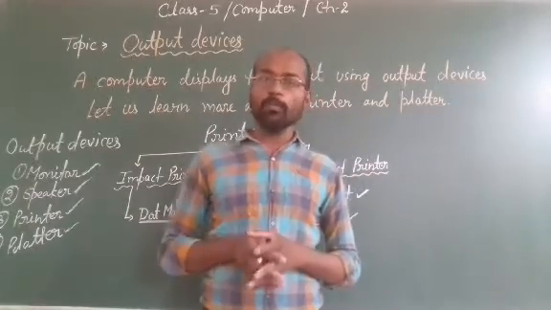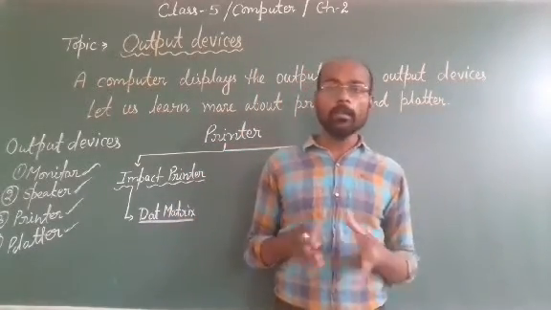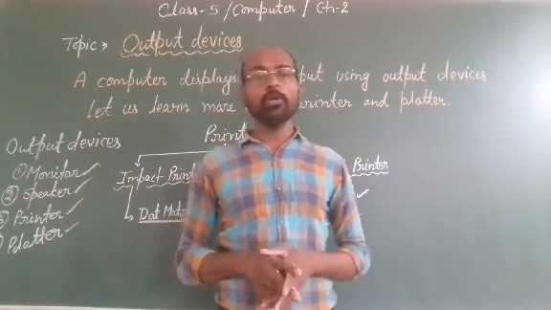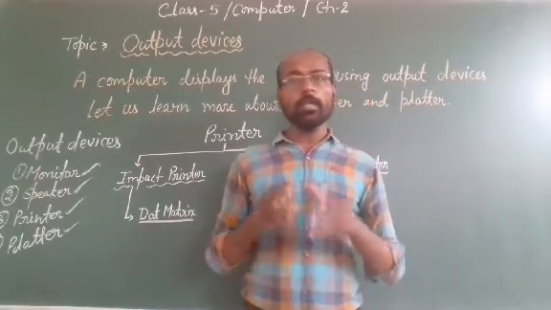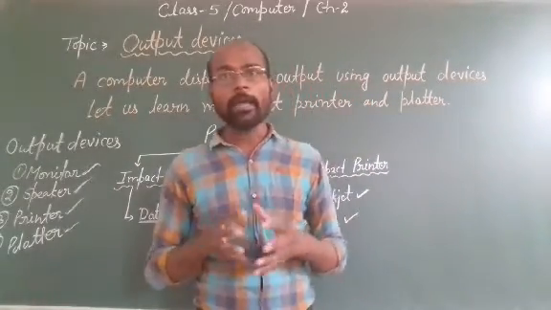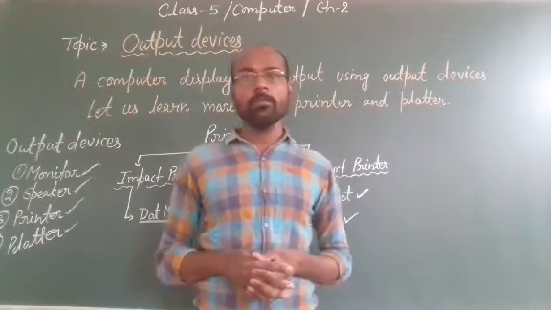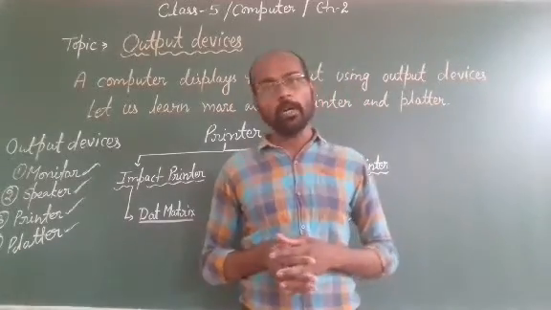It uses dry ink to print the output and produces high quality output. It produces black and white as well as colored output. A laser printer can print up to 10 pages per minute.